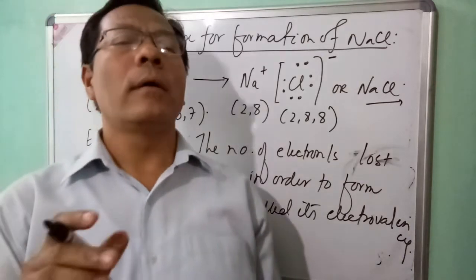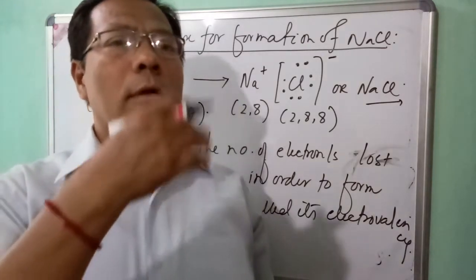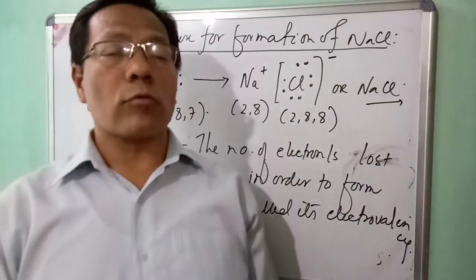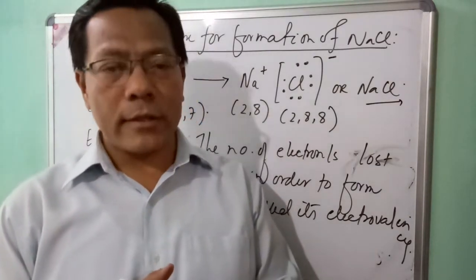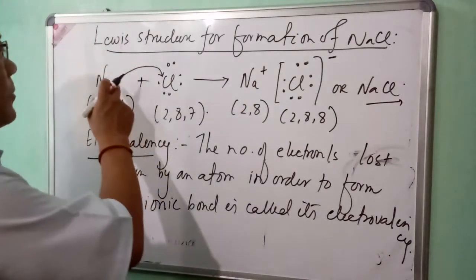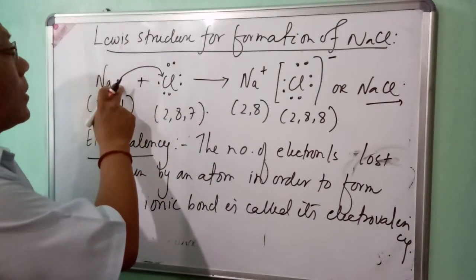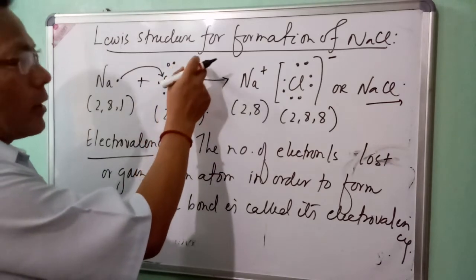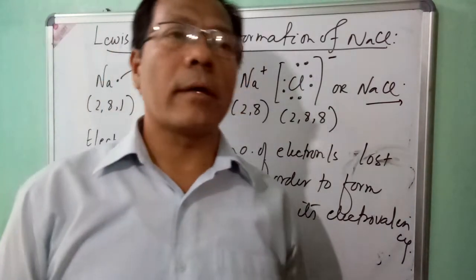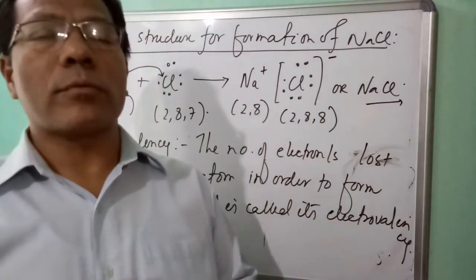The number of electrons lost or gained by an atom to form an ionic bond is the electrovalency of that atom. So in this example, the sodium lost 1 electron and the chlorine gained 1 electron. The sodium lost an electron to form the sodium ion, so the electrovalency of sodium is 1.